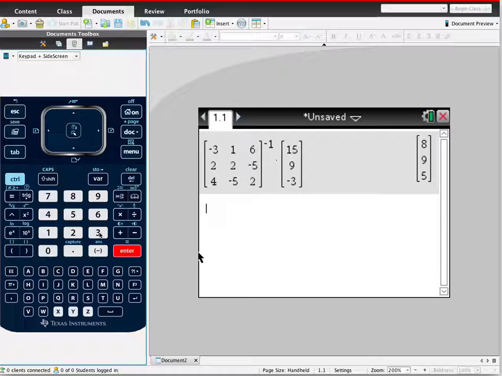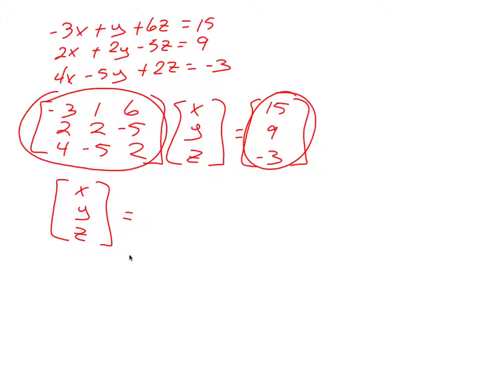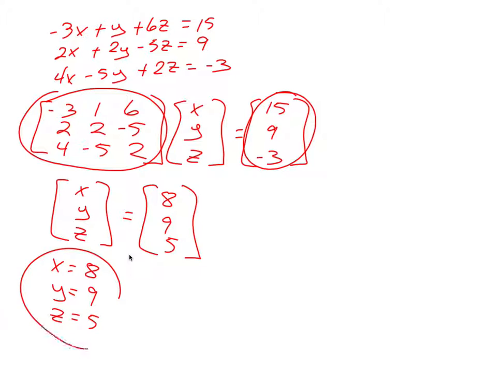I get 8, 9, 5. So 8, 9, 5 goes there. So that means x equals 8, y equals 9, z equals 5.